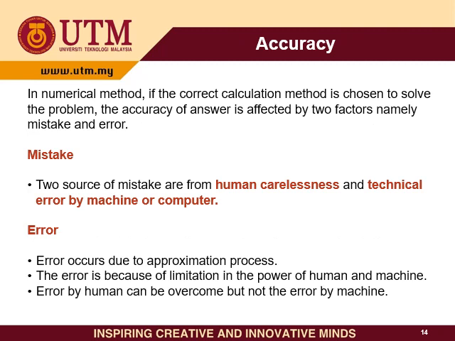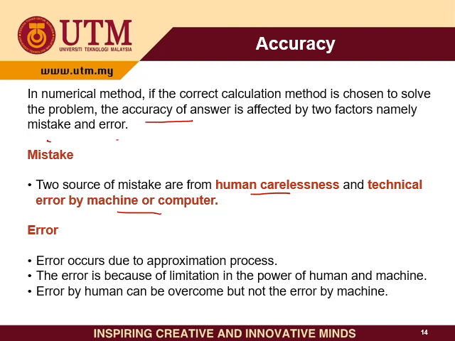Accuracy. In numerical method, even if the correct calculation method is chosen to solve the problem, the accuracy of the answer will be affected by two factors, namely mistake and error. What is mistake? Two sources of mistake are human carelessness and technical error by machine or computer. What is error?